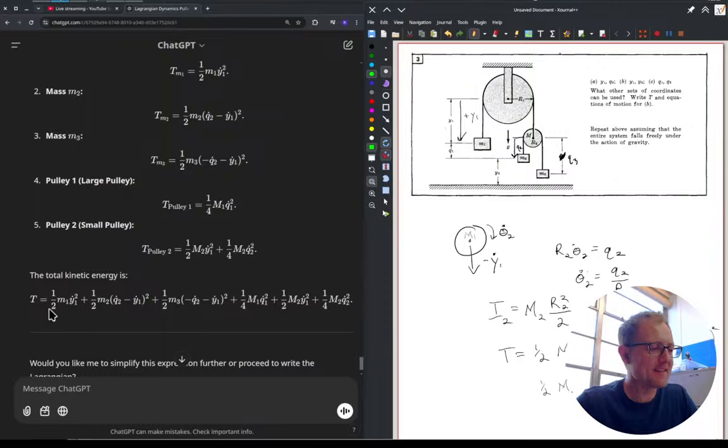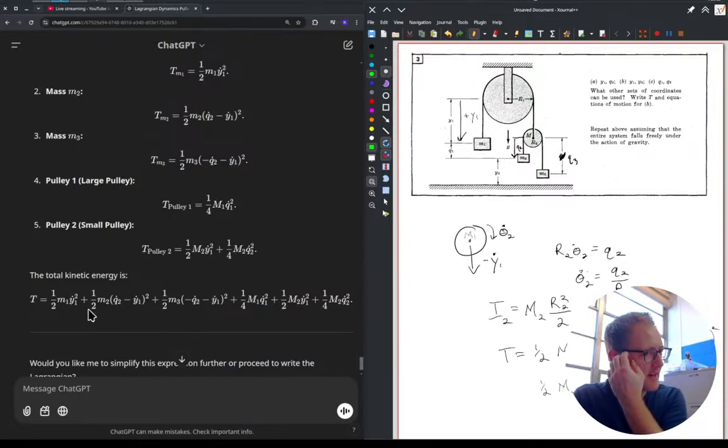So let's go back through the terms, make sure that we're getting somewhere. So M1, if it's moving down, it has kinetic energy, and it doesn't depend on anything else, because Y1 just describes it. M2 down here, if Y1's moving down, then this is moving up. So I've got that negative Y1 term, and then here I have that positive Q2 term.